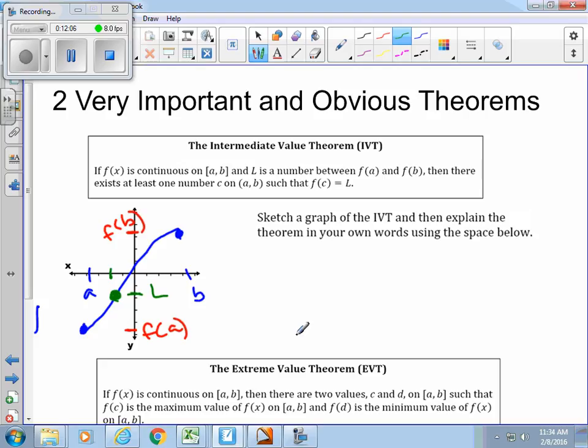Well, at some time over the summer, were they 4'5"? If they went from 4 to 5 at some point over the summer, you might not have seen it happen, but at some point they were 4'5". That's what the intermediate value theorem says. Growth is continuous.